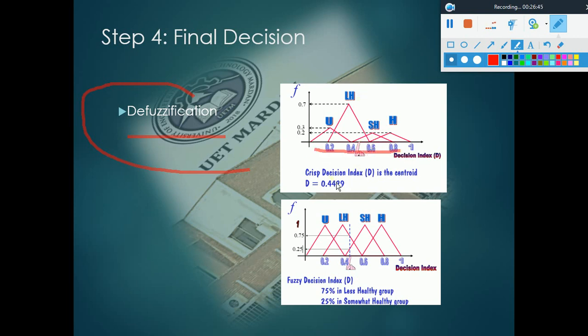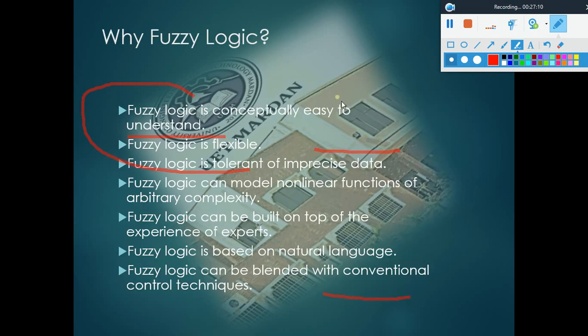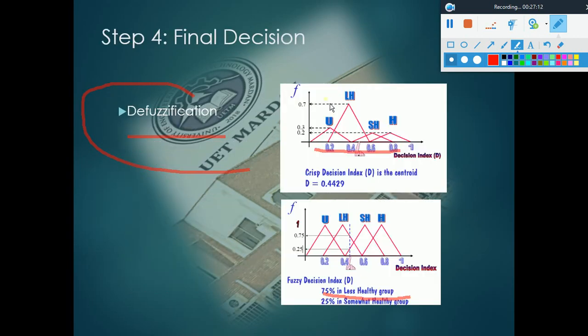Here we have the crisp decision index d equal to 0.4421. This is the decision index, where 75% is in the less healthy group and 25% in the somewhat healthy group. So this is all about fuzzy logic.